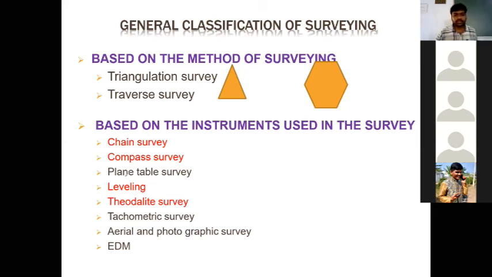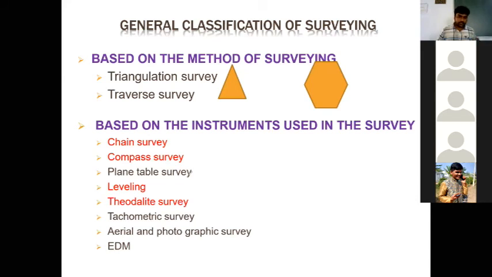Next, coming to the plane table survey. As all of you are aware of the drawing board, it is the same table that we are going to make use of on the field.